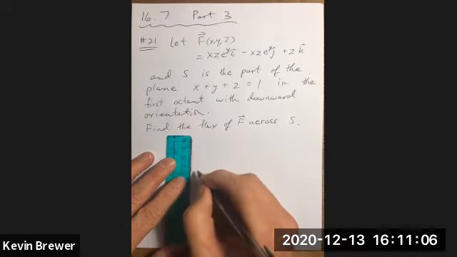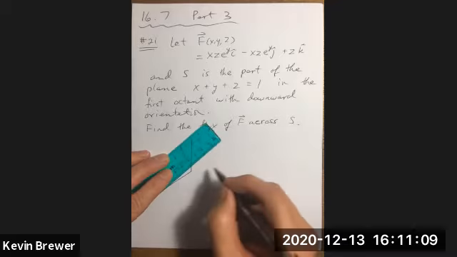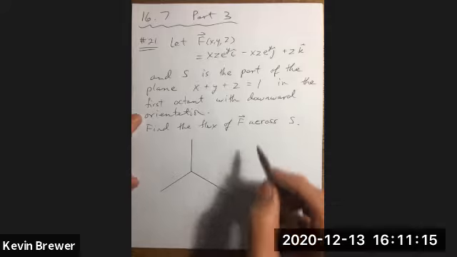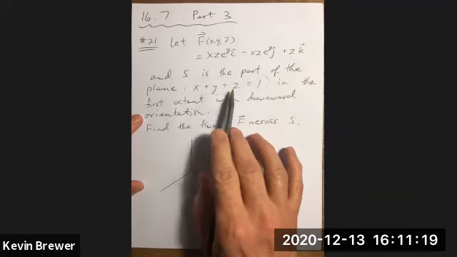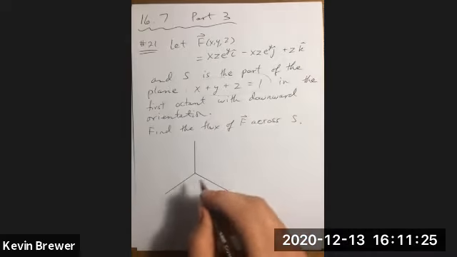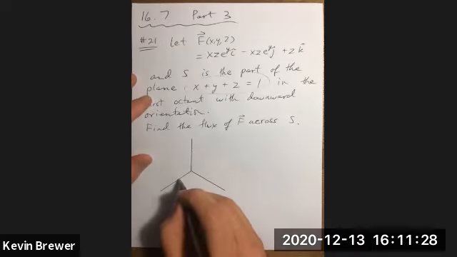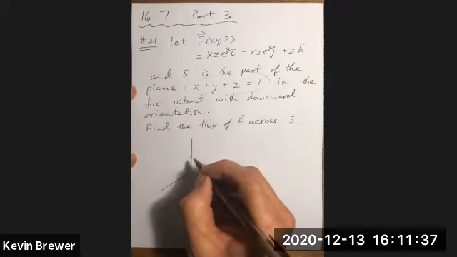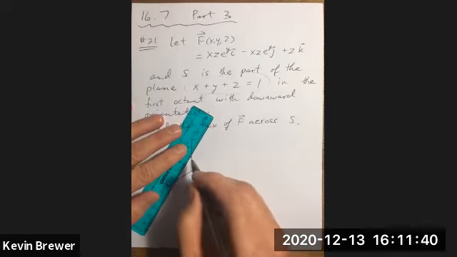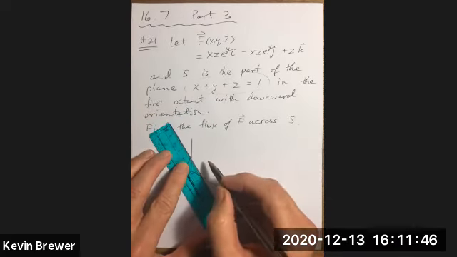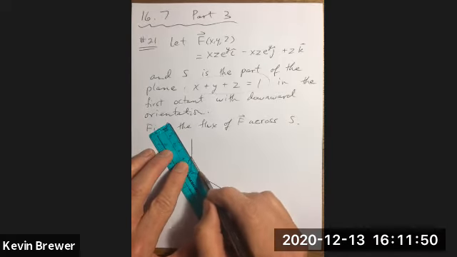So letting x and y be 0, we get z equals 1, and doing that for all pairs of variables, we can find that the intercepts of the plane are at 1, 0, 0, 0, 1, 0, and 0, 0, 1.